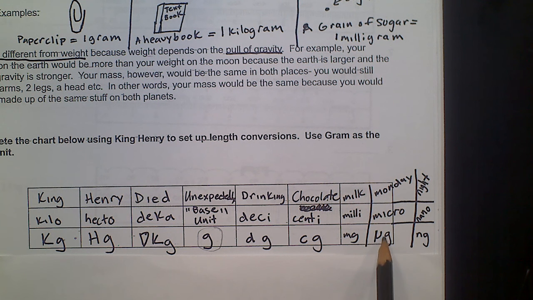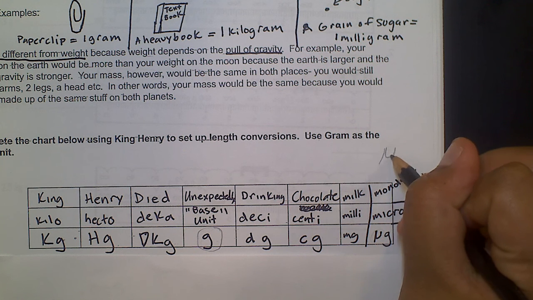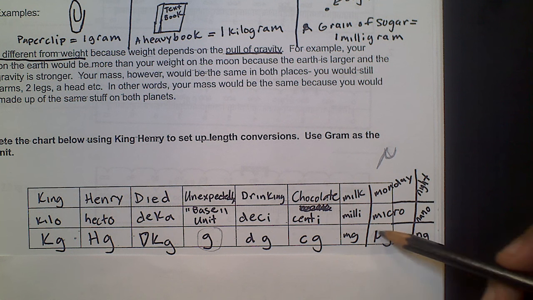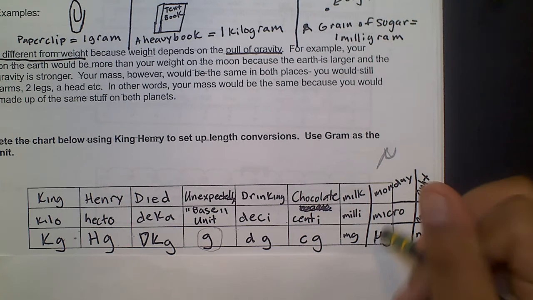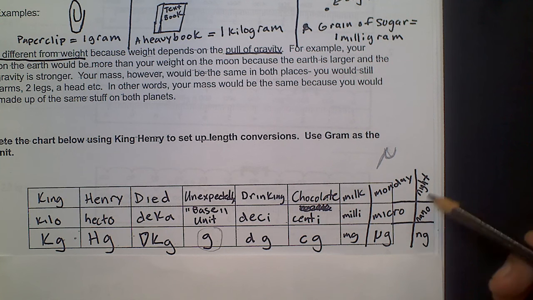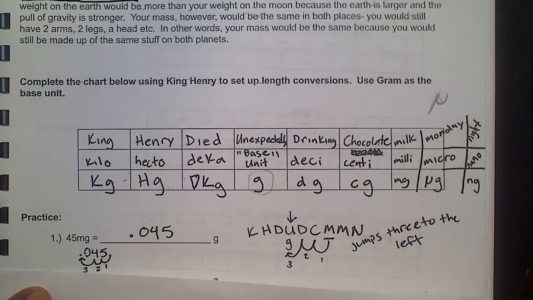Here, this is a special symbol. It's not a typo. It kind of looks like this, and this means micro. So this is micro. It's not a letter. It's a Greek letter, not an English letter. So micrograms, nanograms.